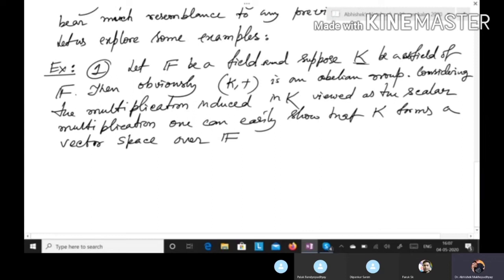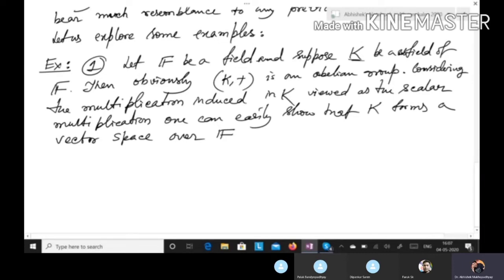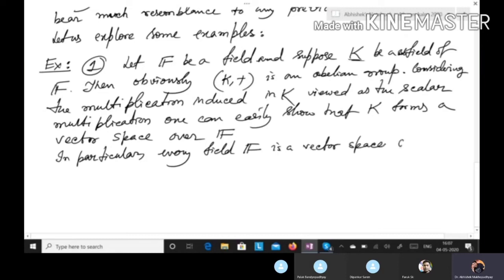So you are getting many examples of vector spaces, and in particular, every field F is itself a vector space over F itself.